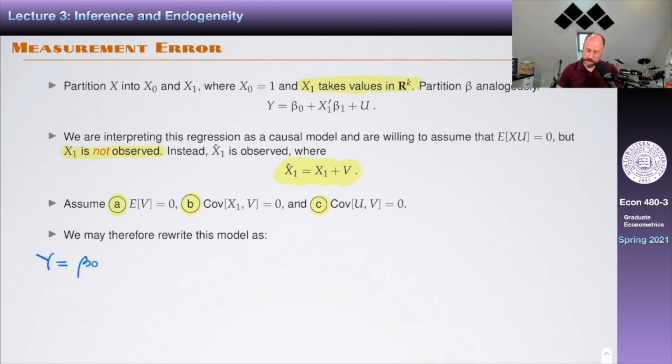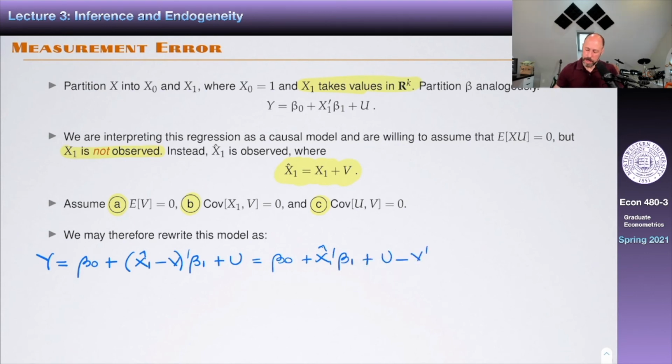All right, so I'm going to write this as beta 0 plus, I'm going to replace x1, and x1 is just x hat 1 minus b, prime beta 1 plus u. So I'm going to keep going. This is beta 0 plus x hat 1 prime beta 1 plus u minus b prime beta 1.